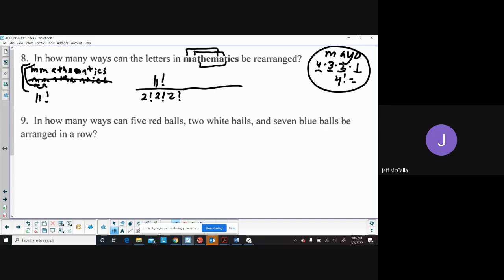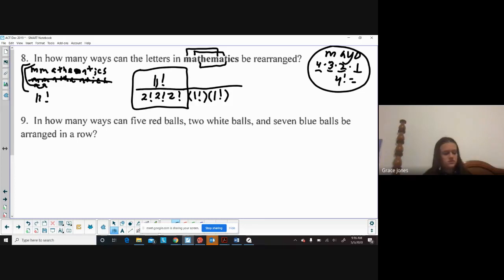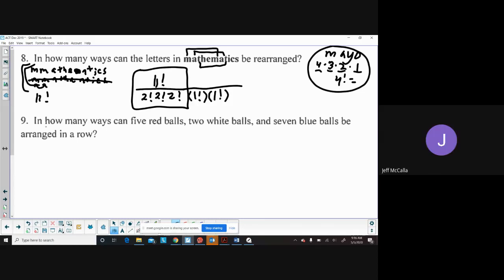And then the rest of these, the H, the E, the I, the C and the S, are all 1 factorial. I could list all these 1 factorials if I wanted to, but that's kind of silly because 1 factorial is just 1. Does that make sense? So then you just type this in your calculator.